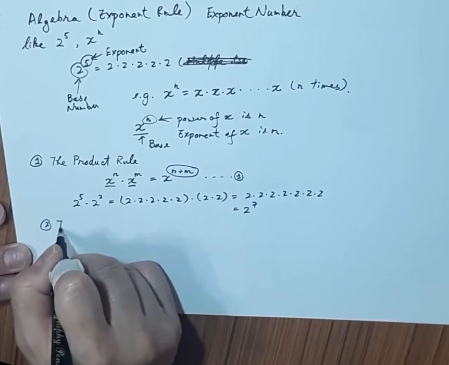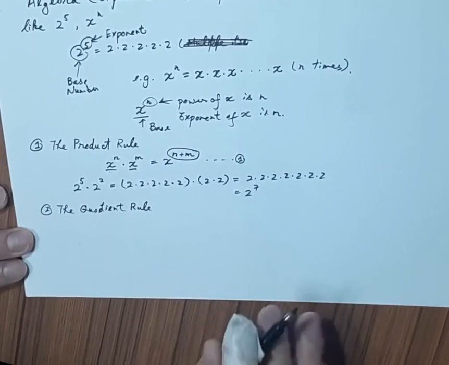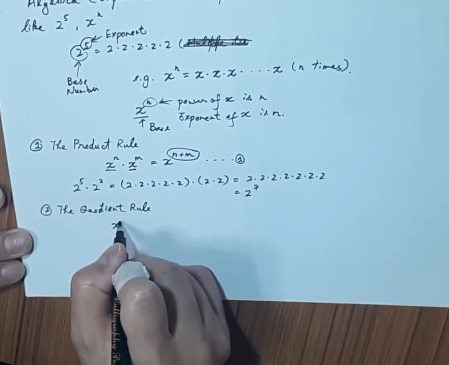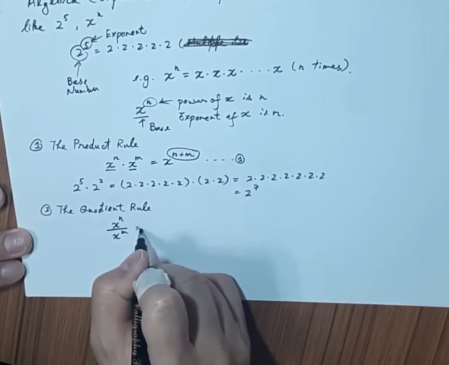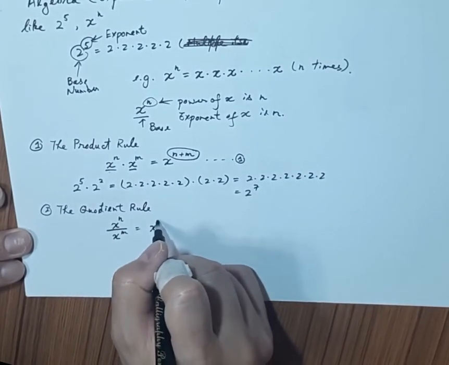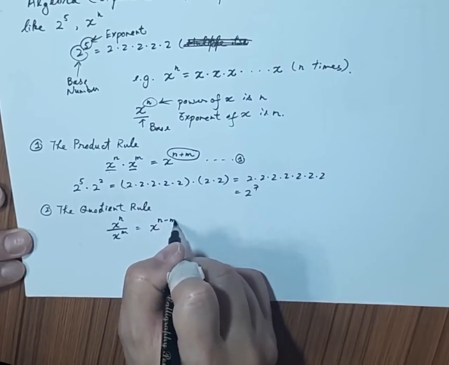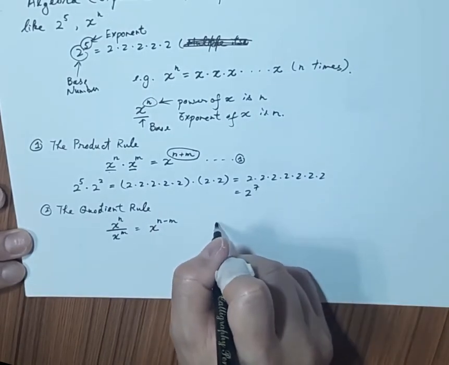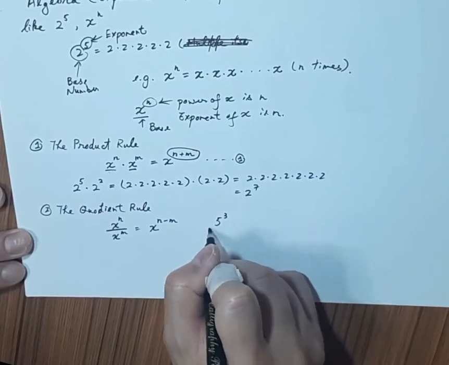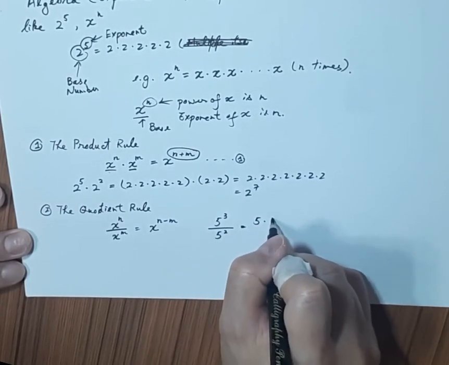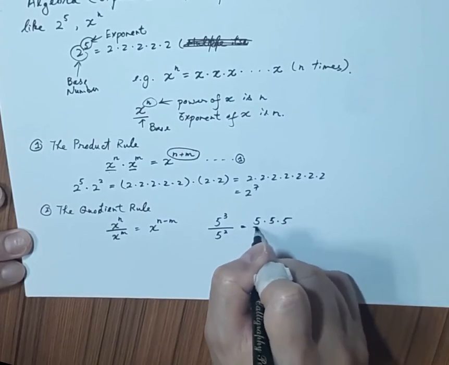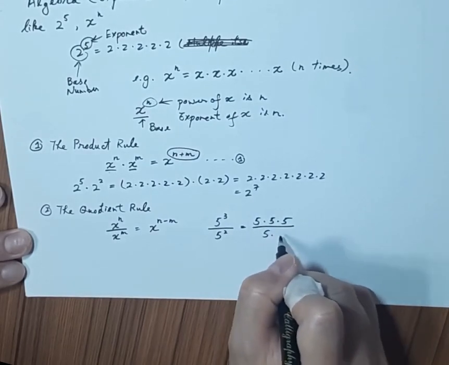Secondly, the quotient rule. In the quotient rule, x to the power of n divided by x to the power of m, we get x to the power of n minus m. Let's see an example. If we have 5 to the power of 3 over 5 to the power of 2, we have 5 multiplied by 5 multiplied by 5, over 5 multiplied by 5.